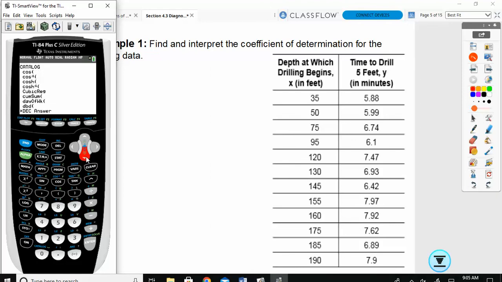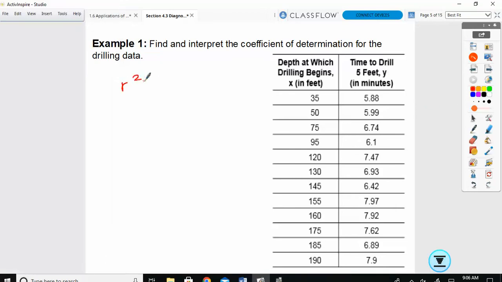So let's go ahead and write that down. Okay, so the R squared is 0.5973. That is the coefficient of determination.